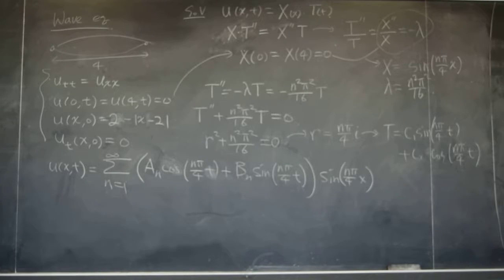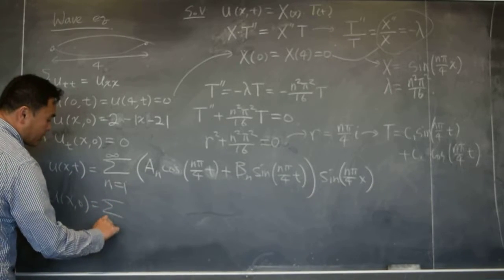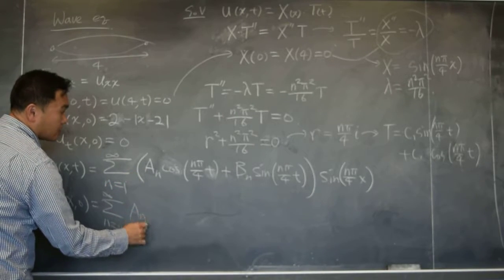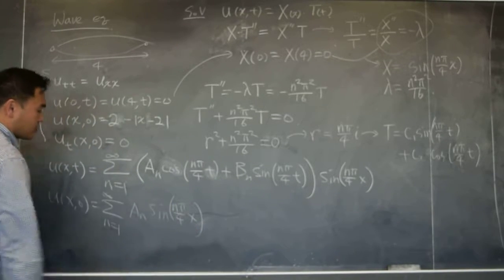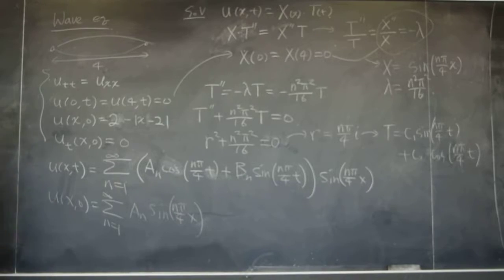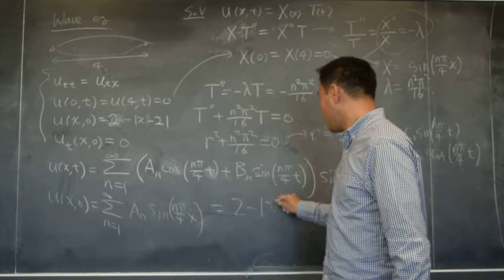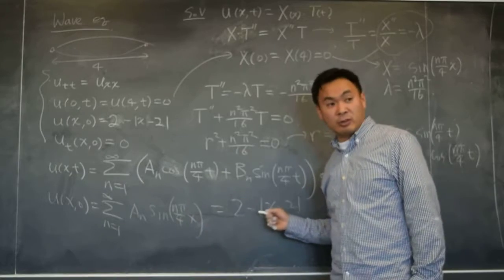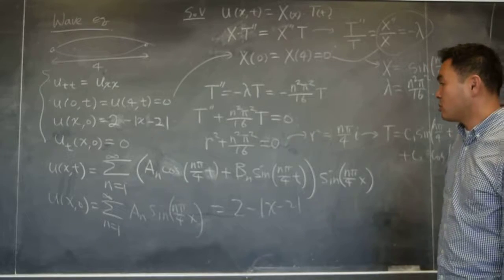Okay. And then when you plug in 0 for t, u(x,0) is the sum from n equals 1 through infinity of a_n sine of n pi over 4 x, right? So that means since u(x,0) is 2 minus absolute value of x minus 2, I need the Fourier sine series of this thing on the right. That's what you need.